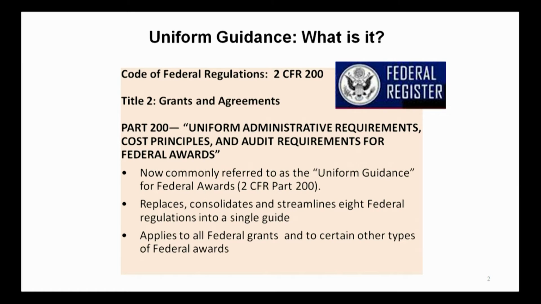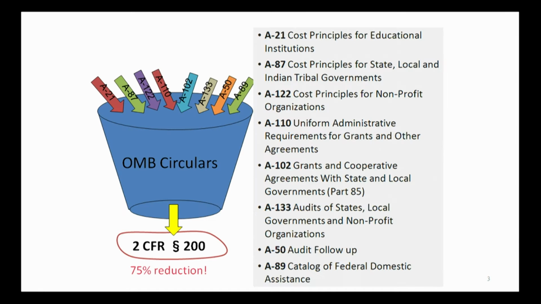These 8 federal regulations or OMB circulars have been in effect for a long time. Therefore, much of the uniform guidance is going to look familiar. It applies to all federal grants and certain other types of federal awards. This graphic shows the 8 OMB circulars that have now been combined into the uniform guidance.